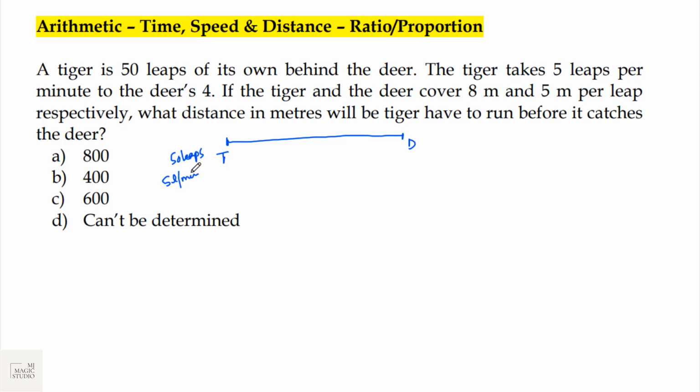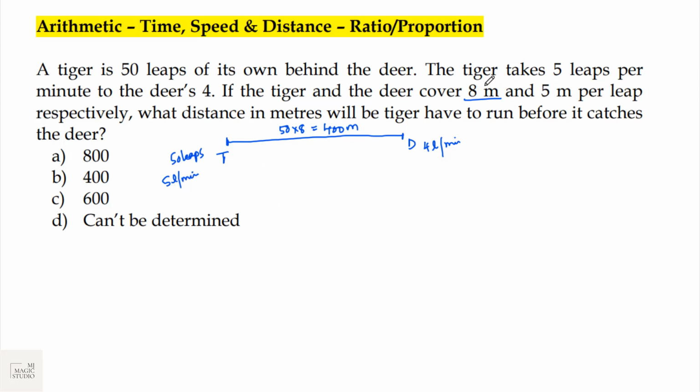Tiger takes 5 leaps per minute and deer takes 4 leaps per minute. The tiger and the deer cover 8 meter and 5 meter per leap respectively. Now 50 into 8, that means the distance between tiger and deer initially is 400 meter.